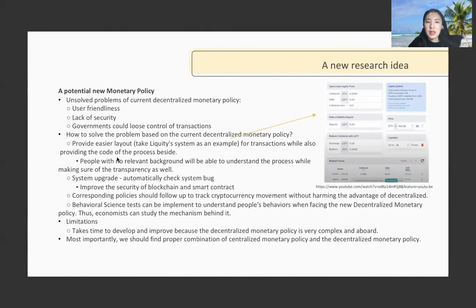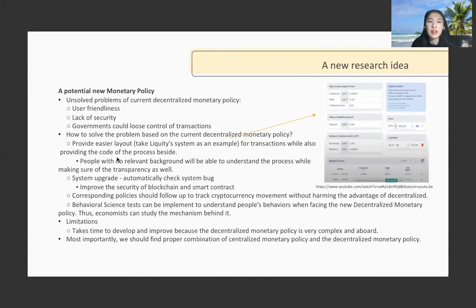Corresponding policies should follow up to track cryptocurrency movement without harming the advantage of decentralization, because fiat currencies can be tracked, and it is easier for the government to track currency movement and detect who profits most from the movement, so they can collect taxes on them, and they can also trace criminal activities from those currency movements.